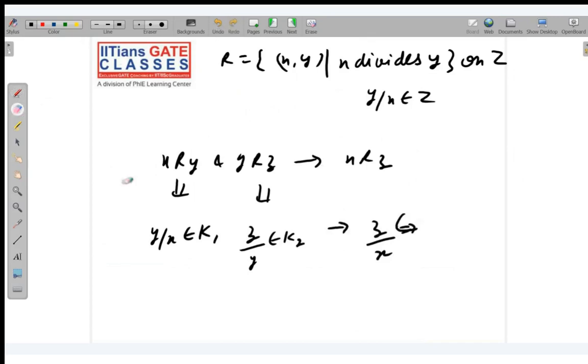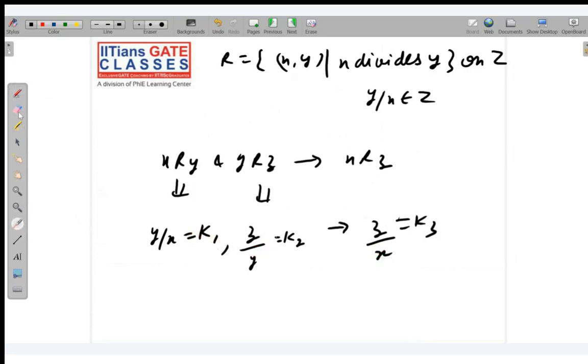I should not say belong to, I should say equal. y by x is equal to k1 and z by y is equal to k2, and here we should get z by x is equal to k3. The conclusion should be this. So let me check whether we are getting it or not. First of all, the question that should come to our mind is how from these two equations we should get z by x.